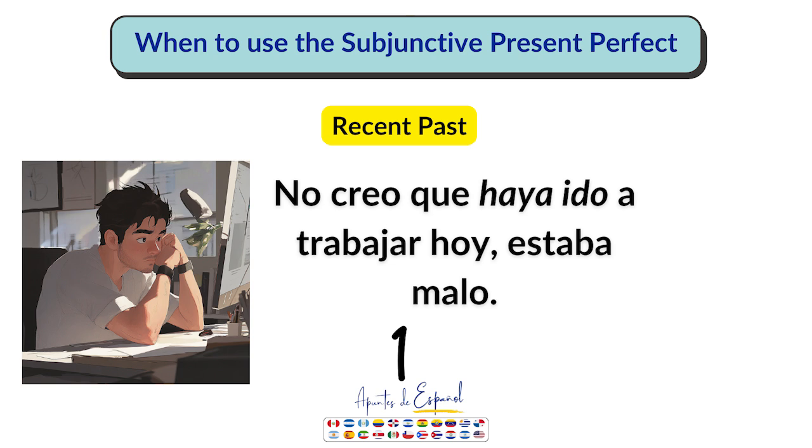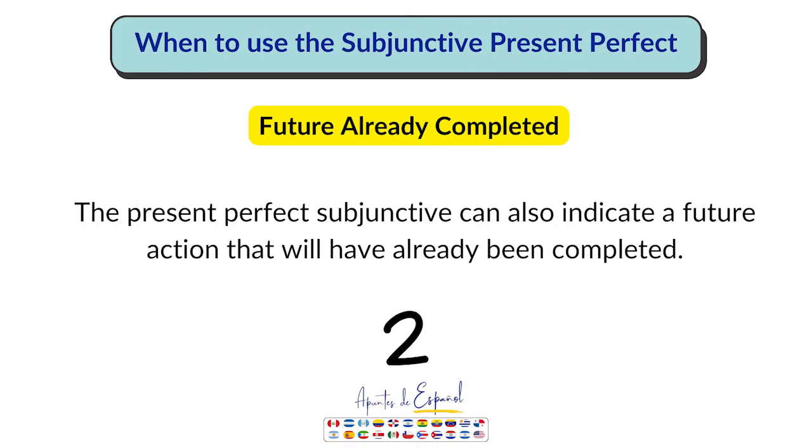Remember that ha ido marks a certainty, something that is secure. We know facts, we have information about that. So it's not ha ido, but haya ido. Again, ha ido is 100% secure. Haya ido is not.